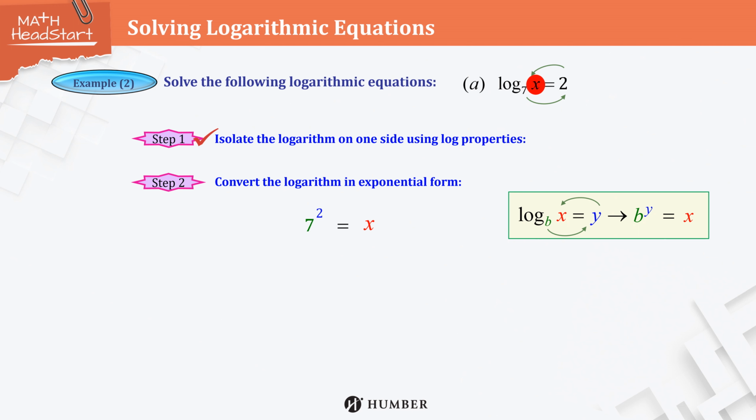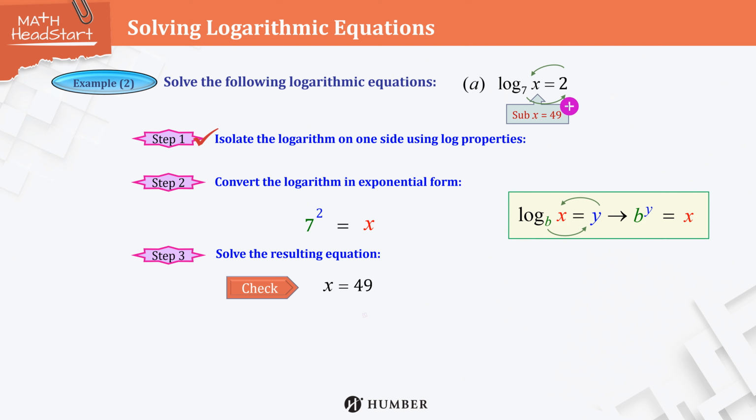Solve the resulting equation to get x equals 49. Again, we can check the solution to make sure we have a positive logarithm using the original equation. It is indeed positive, so the solution is x equals 49.